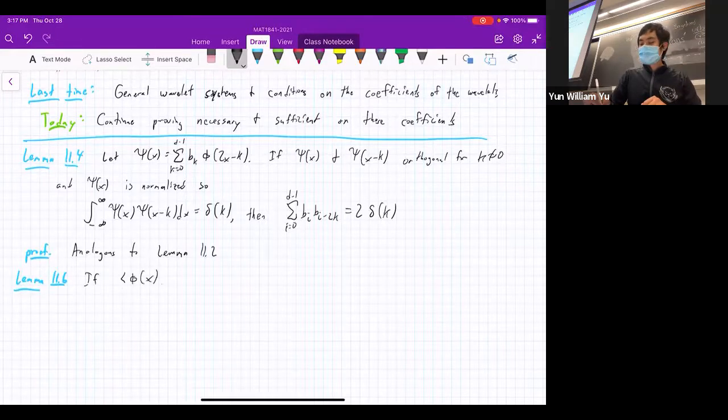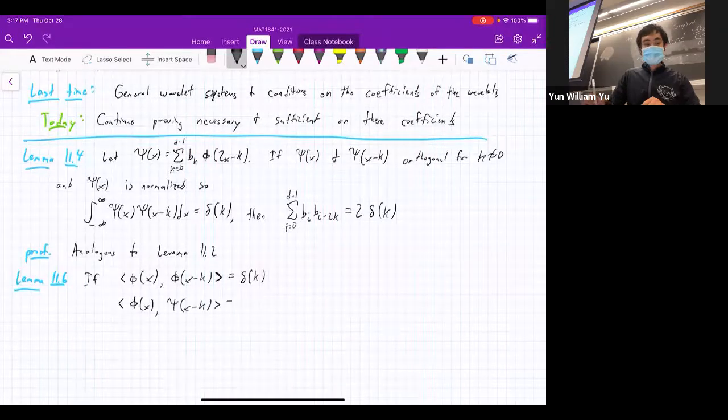If the inner product of phi of x and phi of x minus k is equal to delta of k, and we have that phi of x and psi of x minus k is equal to 0 for all k, then bk is equal to -1 to the k times c sub d minus 1 minus k.